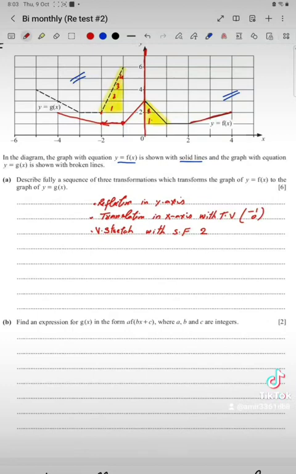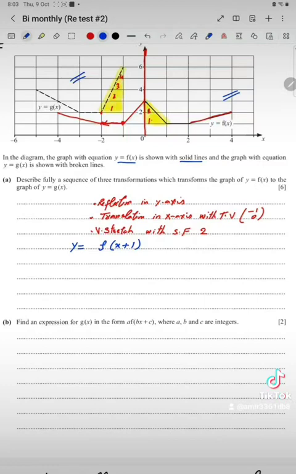Now we need to see the order in which these have been transformed. Number 1, this is from y equal to f(x). This has been translated with translation vector, so y equal to f(x) becomes f(x + 1), because it is left of it.